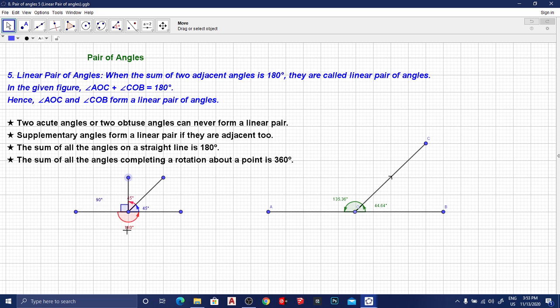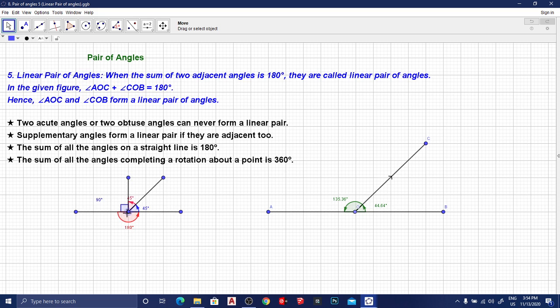Observe here, this is 180 degrees. This is also 180 degrees you will get. The sum of all the angles completing a rotation about a point is 360 degrees. So this is the center point I am taking.